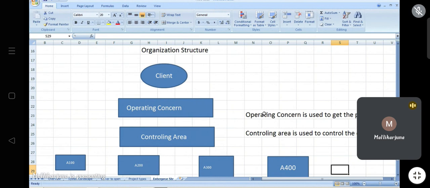Company codes are the legal entities. Legal entities enable us to draw financial statements.